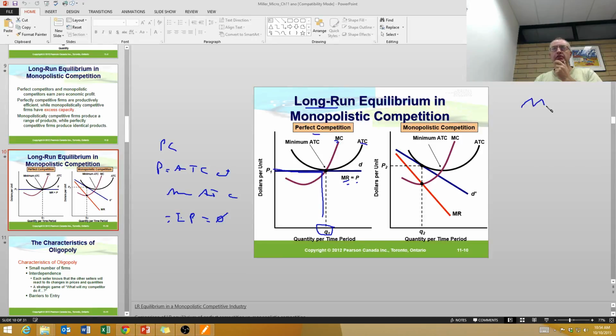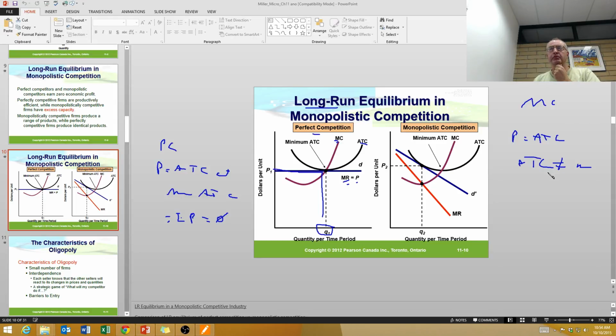And in monopolistic competition, in the long run, there are no economic profits because price equals average total cost, but average total cost is not at its minimum point. And so we have excess capacity in the industry.